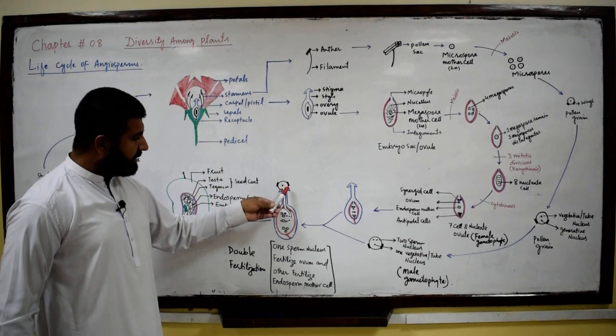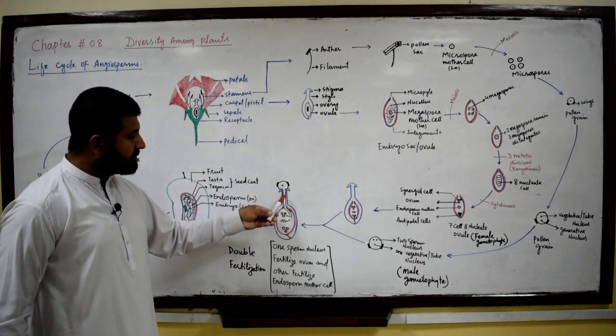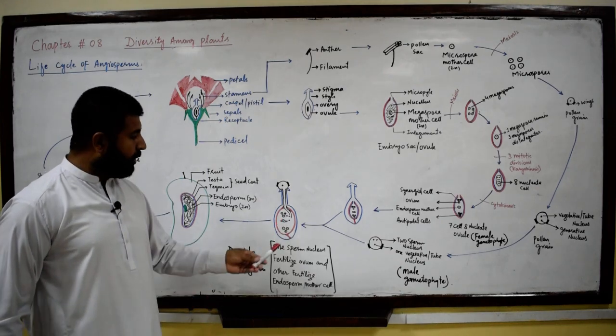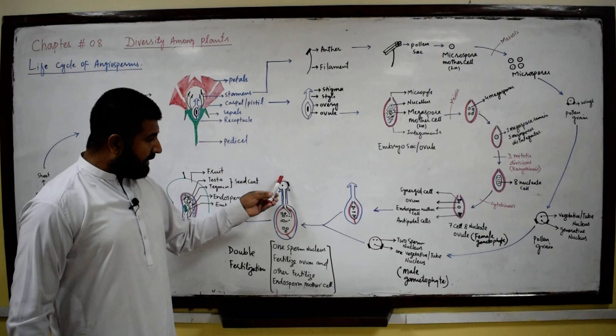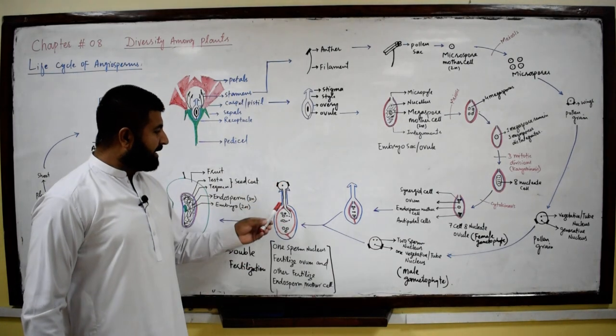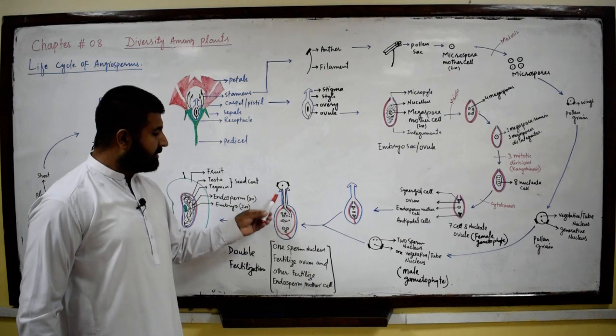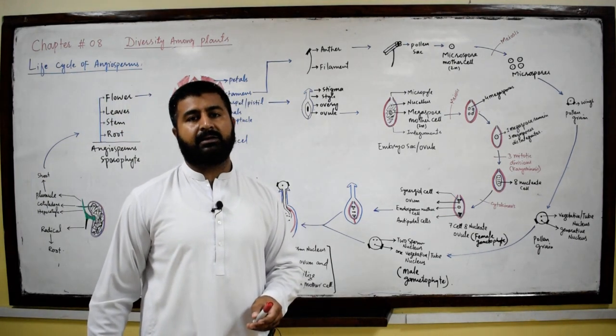As you can see here, a pollen tube is formed which transports the sperm nucleus towards the ovum and endosperm mother cell. So they do not need water for fertilization. Because of this character, they are the most successful group of land plants.